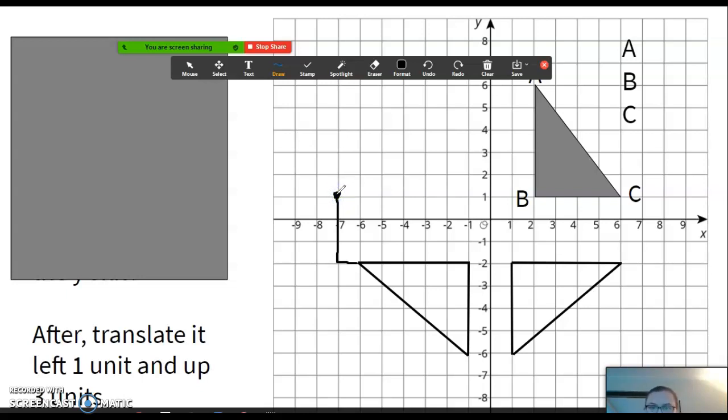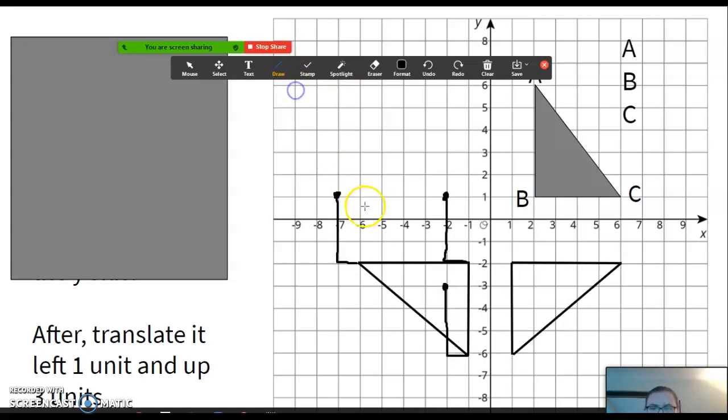For this point, I'm going to go left 1, up 3: 1, 2, 3. So that point's going to be right here. And then finally, this last one, I'm going to go left 1, up 1, 2, 3. This point's going to be right here.